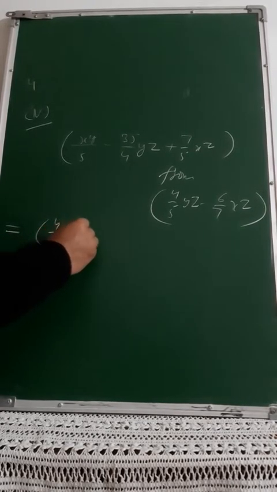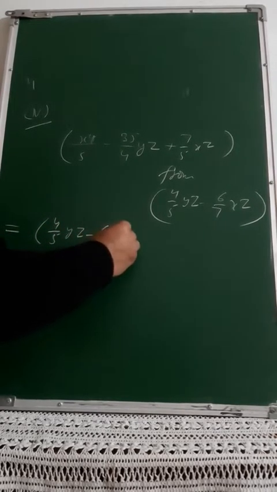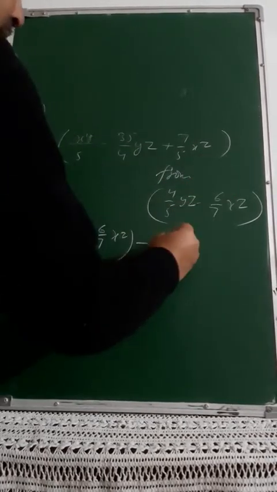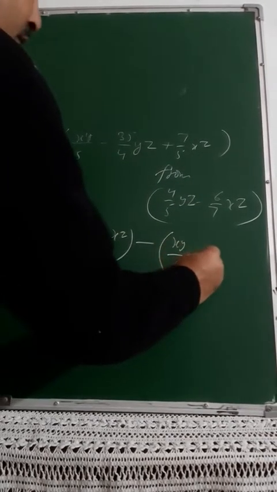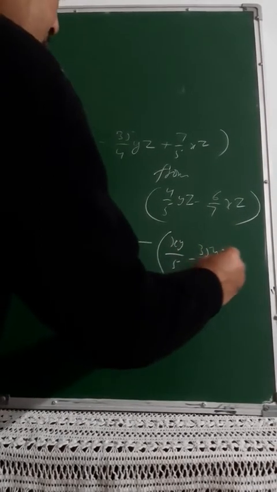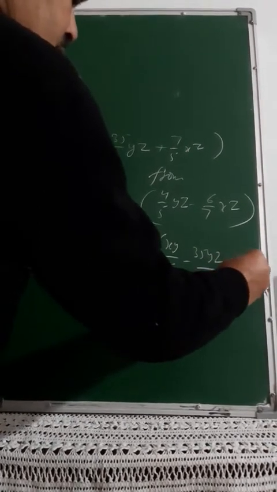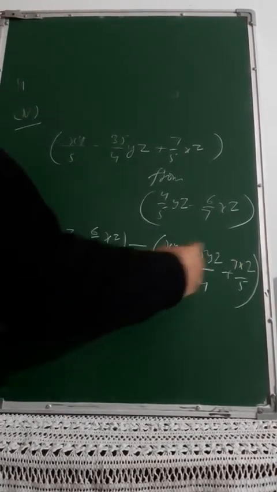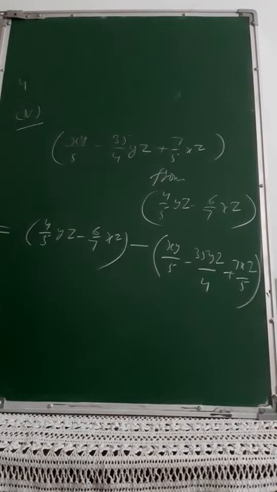4 upon 5 yz minus 6 upon 7 xz, minus sign is there, and write this inside the bracket again: xy upon 5 minus 35 yz upon 4 plus 7 xz upon 5. It will not make a difference if I write these xy, yz and xz in the numerators. It is the same thing. Now you open the bracket.